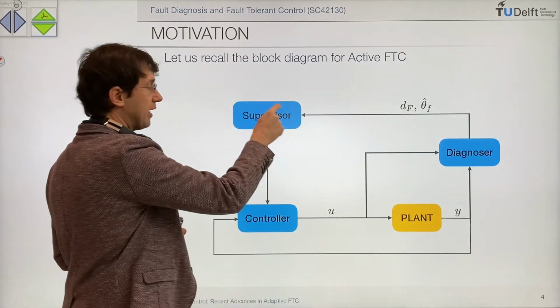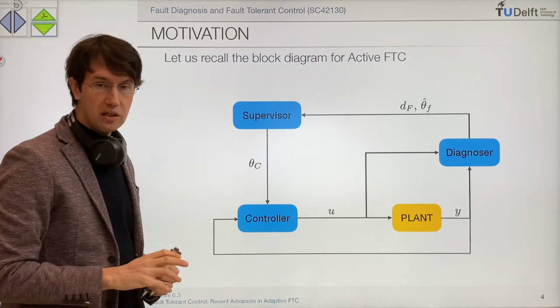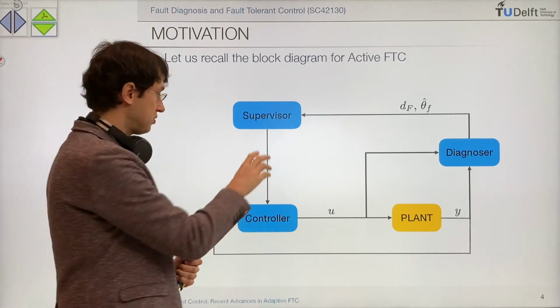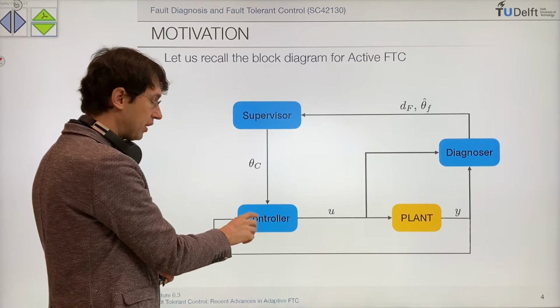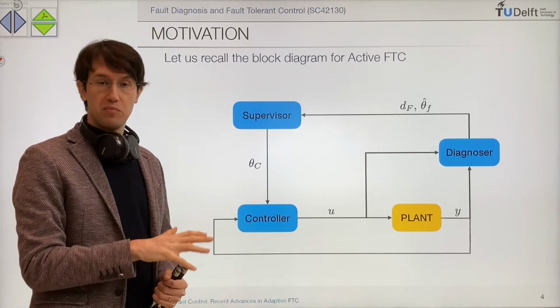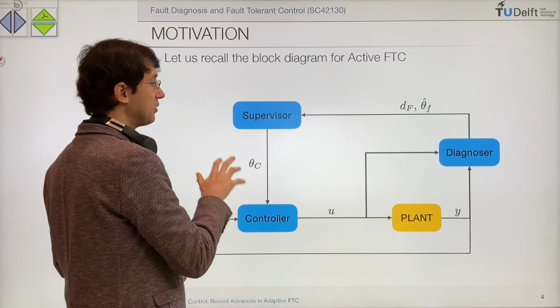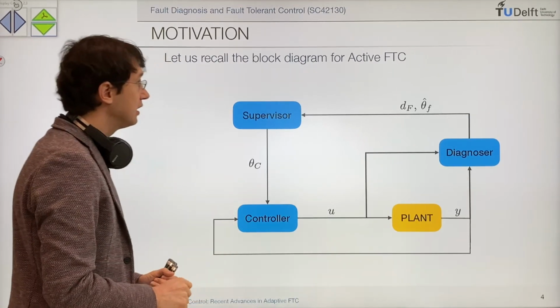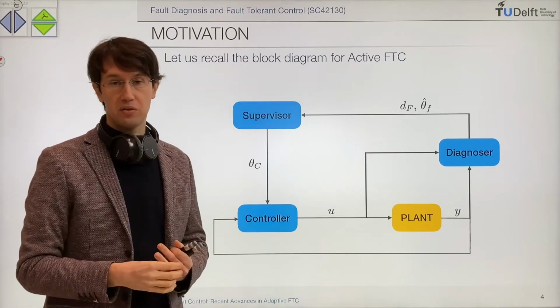And they are used by another block, a supervisor block, whose role is to redesign the controller or switch between a number of pre-computed controllers such that you can accommodate that fault. So this is how active fault tolerant control was working.